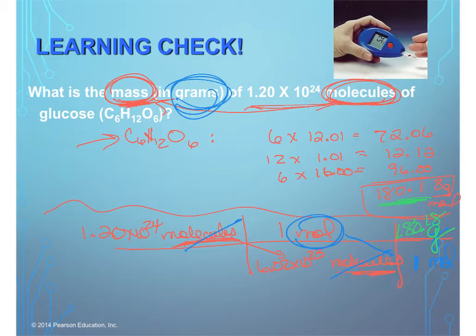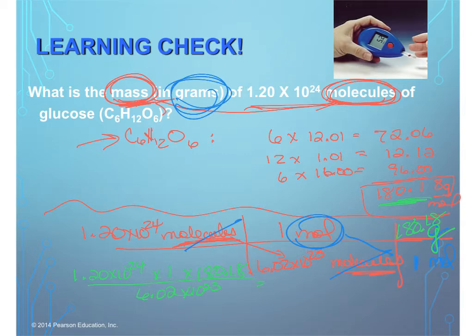And now it's multiplication and division. So you have 1.20 times 10 to the 24th times 1 times 180.18, all divided by 6.02 times 10 to the 23rd.